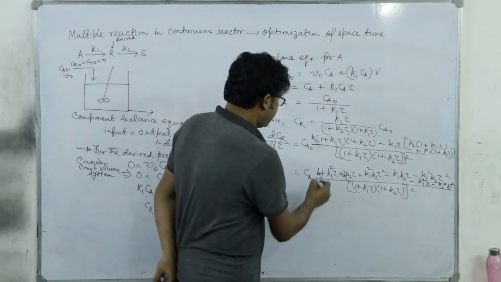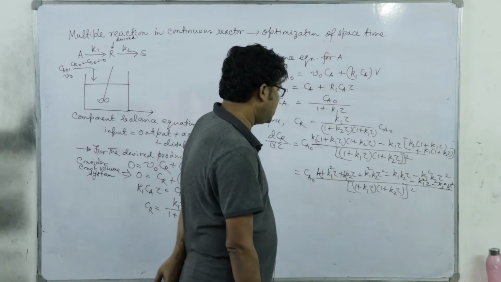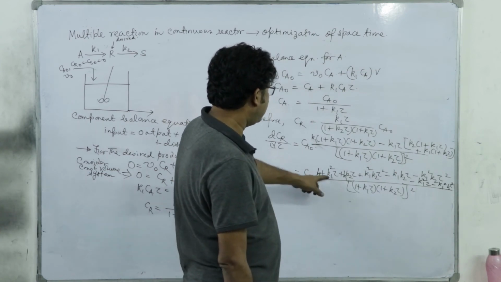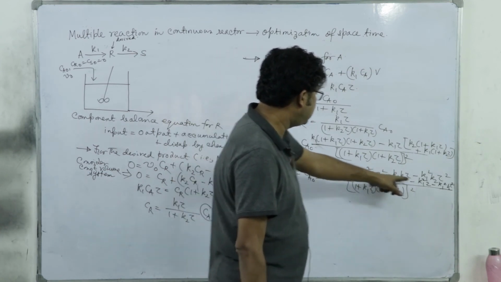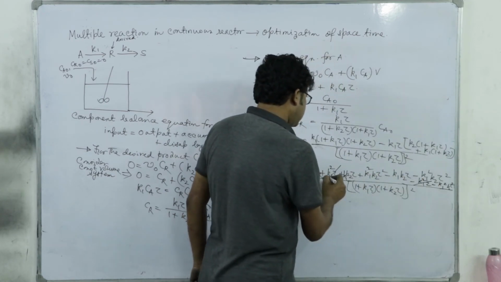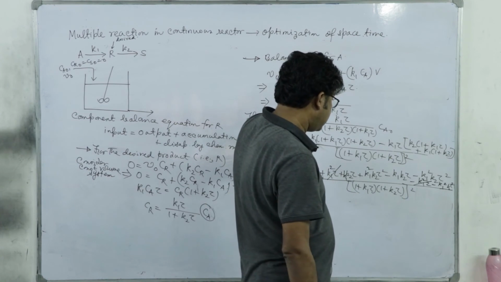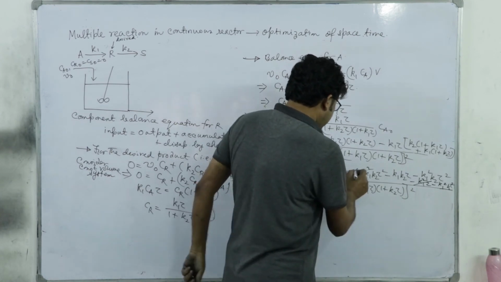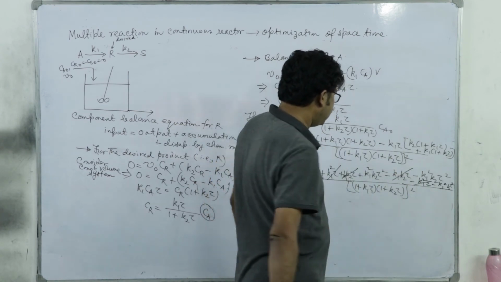So let's check whether anything is cancelling out or not. K1 square tau, so this cancels out. Yeah, K1 K2 tau, K1 K2 tau, that also cancels out.